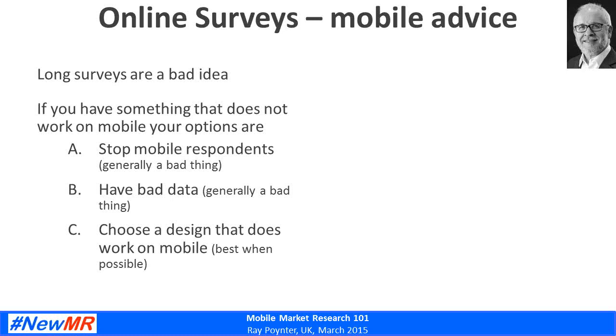So we almost have to think hard about what cases would not be mobile. So let's say we're doing magazine copy testing and we need to use a page turner as part of the survey device. Well, a large screen tablet is fine and a PC is fine, but if we're trying to say what does the page look like when you view it in real size, then we're not going to get a good experience on the smartphone.